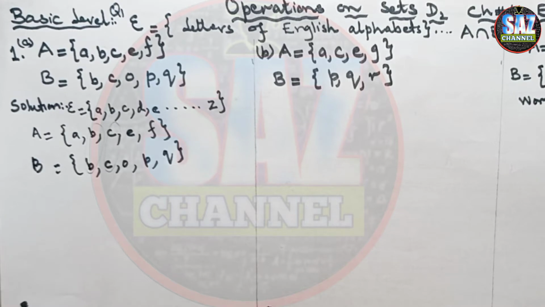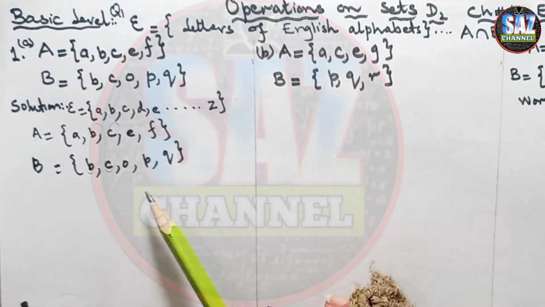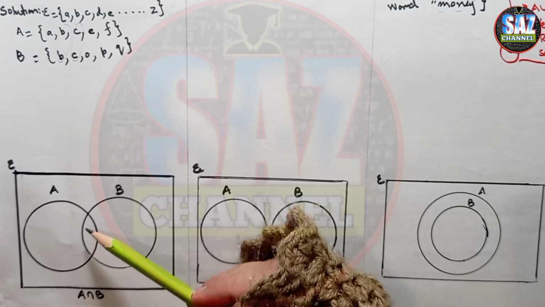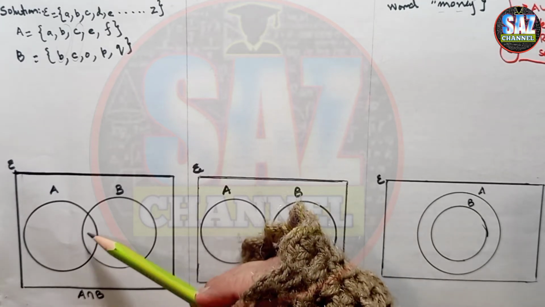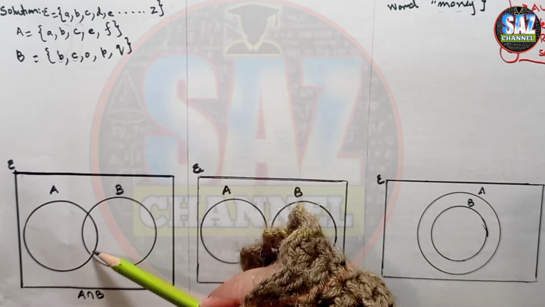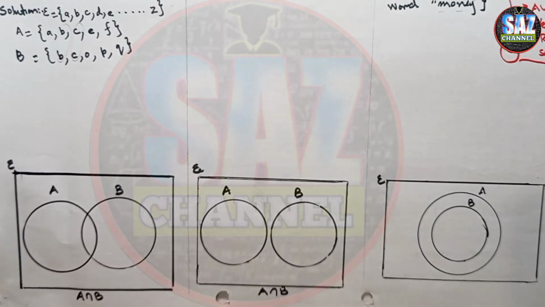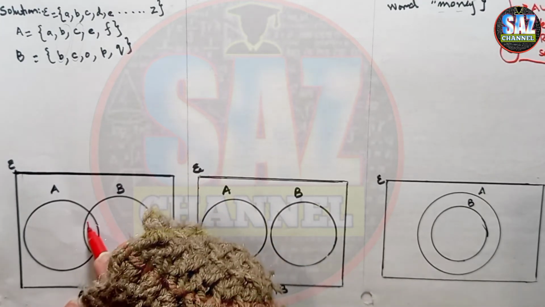So some of the elements are common and some are different. So the diagram that we are going to draw for this situation will be overlapping sets. And in this overlapping portion, we will write those elements which are present in both the sets. The elements present in both the sets are B and C.